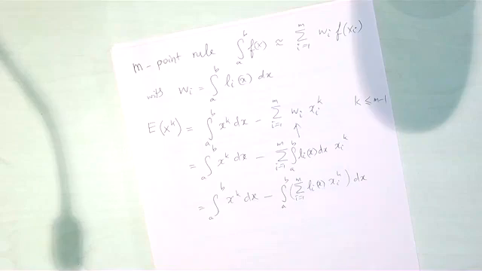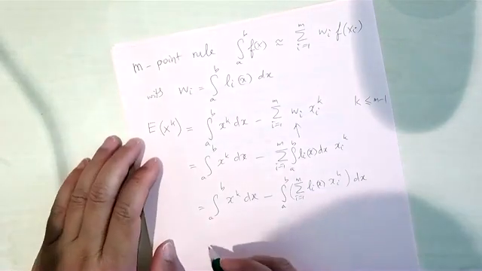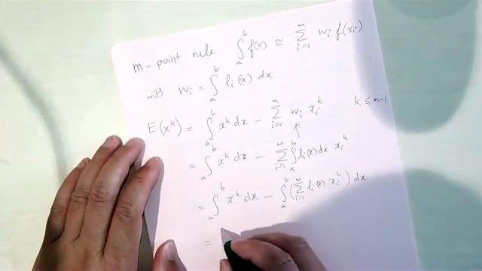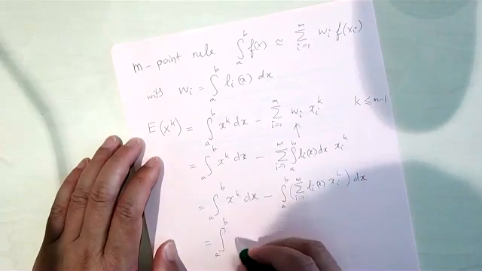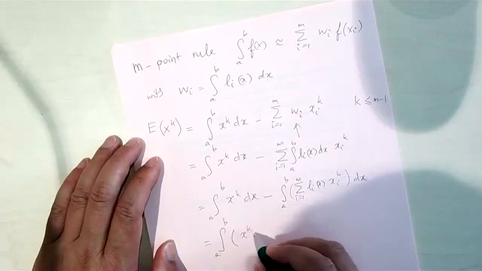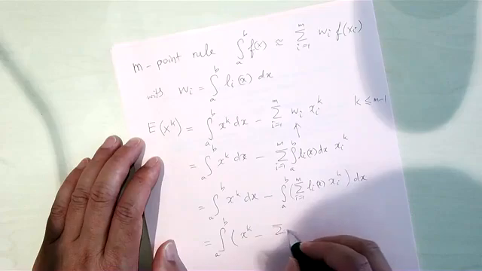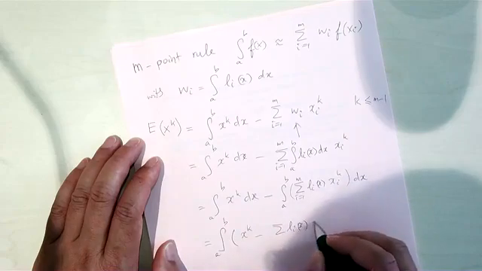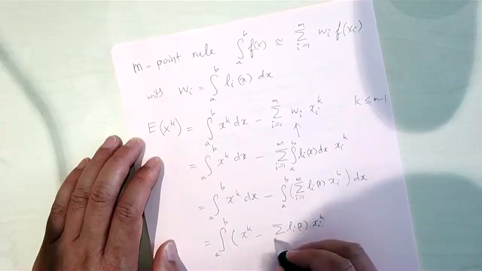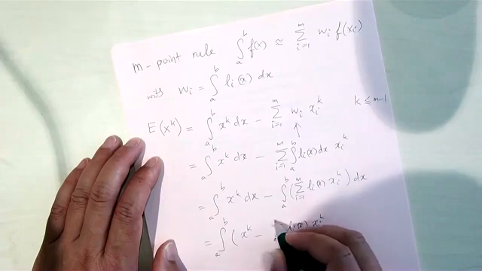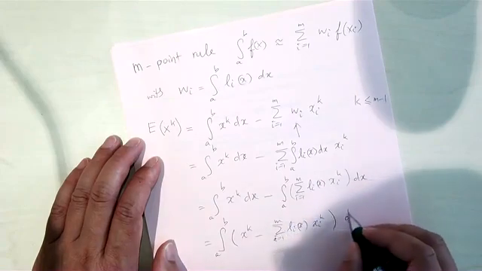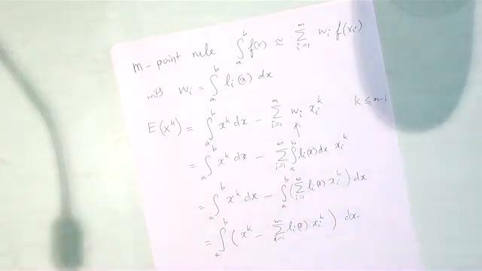And now I combine everything underneath the integral sign. So I have the integral from a to b of x to the k minus the sum of L_i(x) x_i to the k, i from 1 to m, dx. Right?